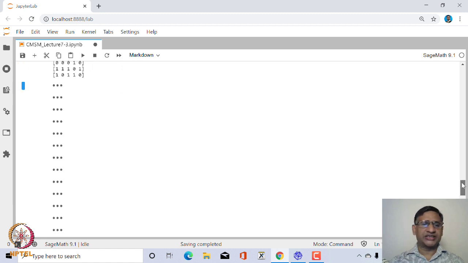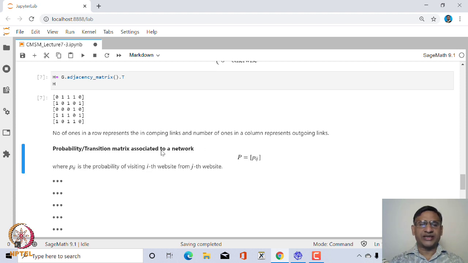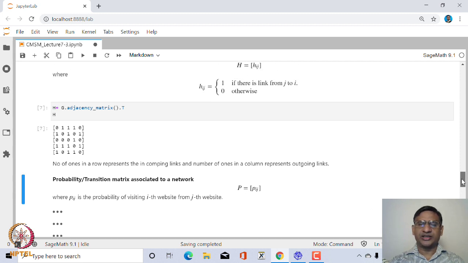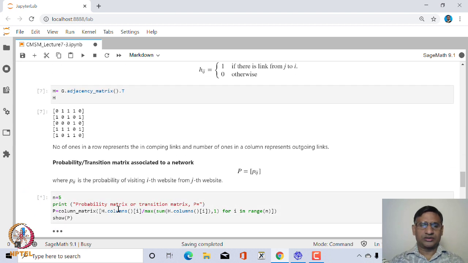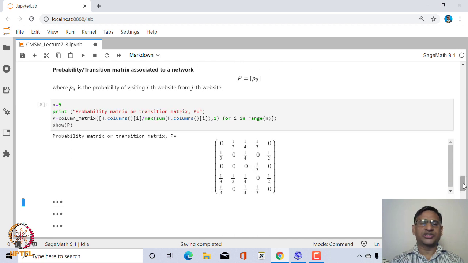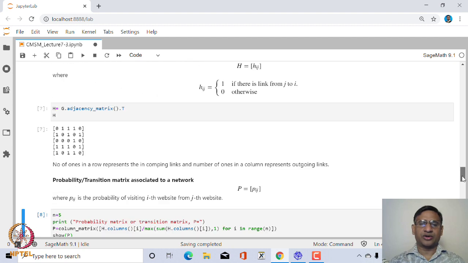This is the adjacency matrix, and then we find the probability or transition matrix attached to this network, where each entry is divided by the sum of the entries in its column, so it will be a column stochastic matrix. You can see it is quite easy: you take the columns of H, divide by the sum of the entries in the column, and do it for each entry. So this is the adjacency matrix, and this is the transition matrix associated with this network of 5 websites.